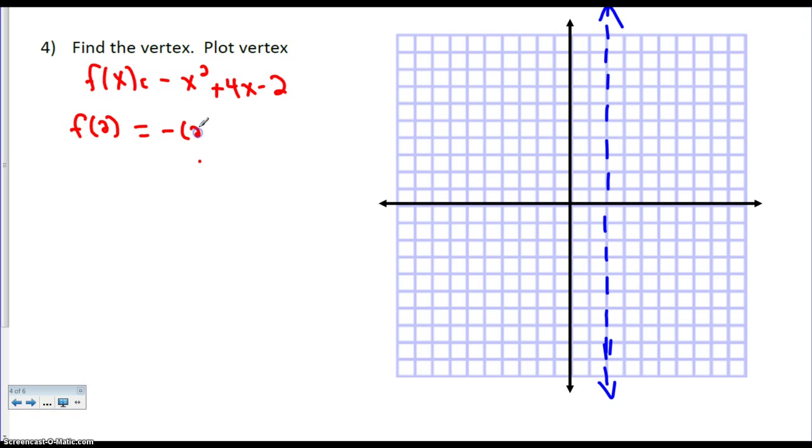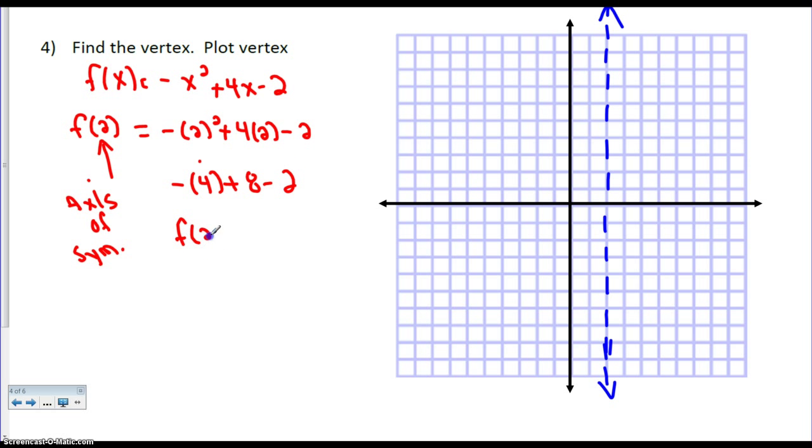So I'm going to do negative 2 squared plus 4 times 2 minus 2. So this value is my axis of symmetry, and I'm plugging it in. Okay? So then I have negative 4 plus 8 minus 2. So f of 2 is 2. So I'm going to plot the point right there for my vertex. Okay? So I plugged in my axis of symmetry to find my vertex.